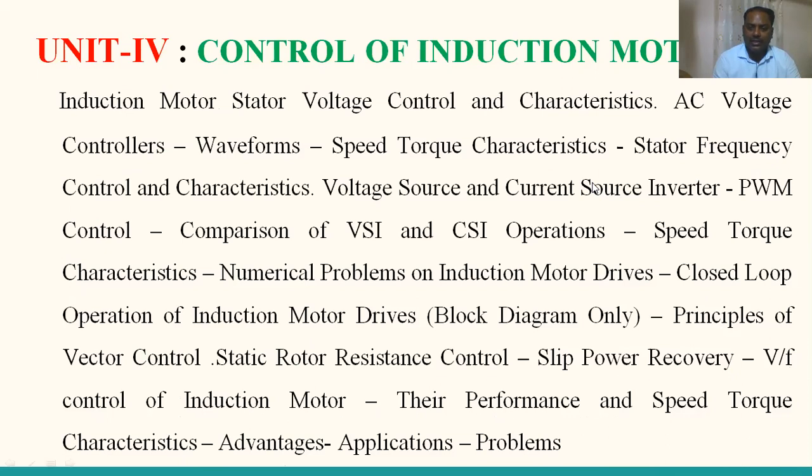Stator side speed controls involve stator voltage as well as stator frequency, and V by F control methods are very familiar, either for a squirrel cage induction motor or a slip ring induction motor. Voltage control can be analyzed with the help of AC voltage controllers, and frequency control can be achieved with the help of inverters.